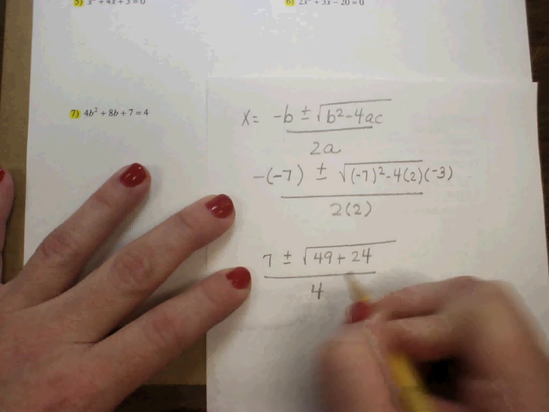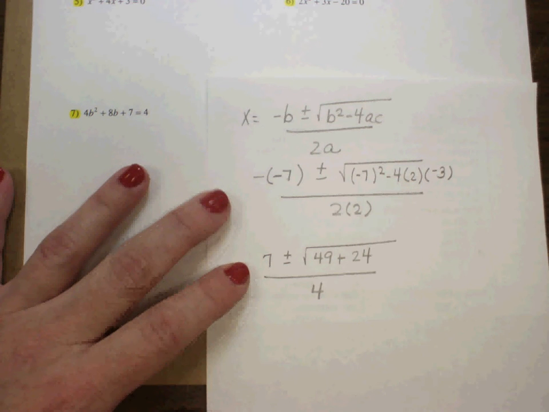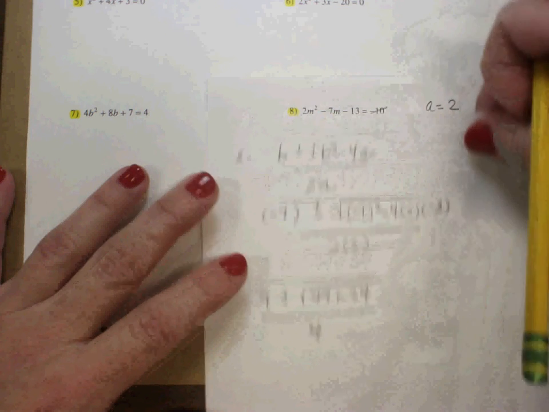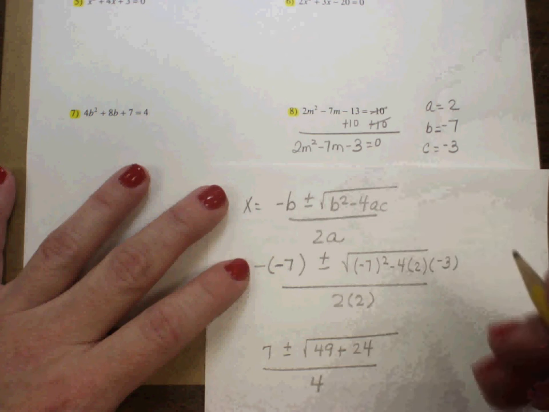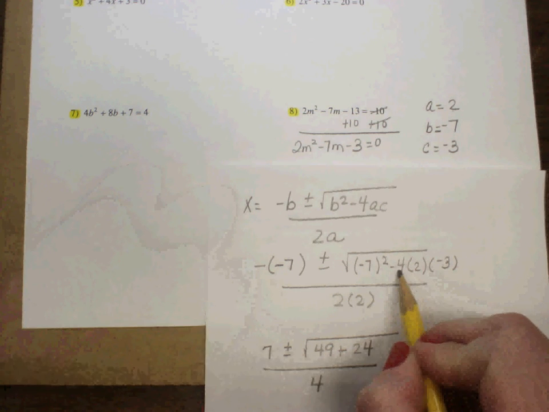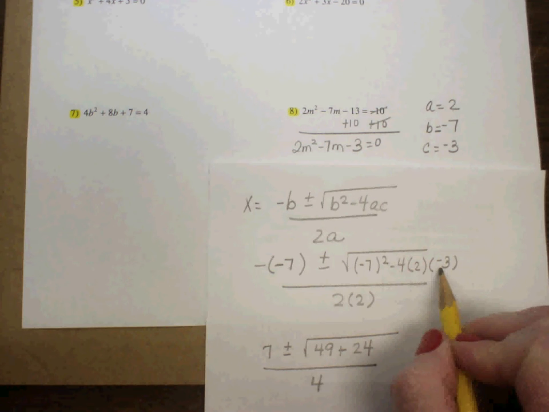All right, 49 plus 24. I think I put a negative. Yeah, that's a negative 3. That's a plus 24. Yep.